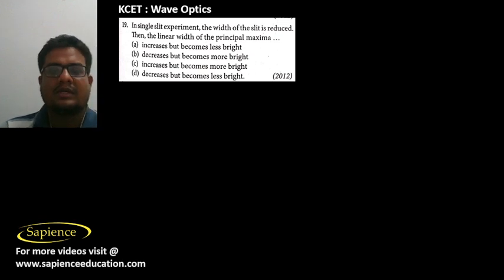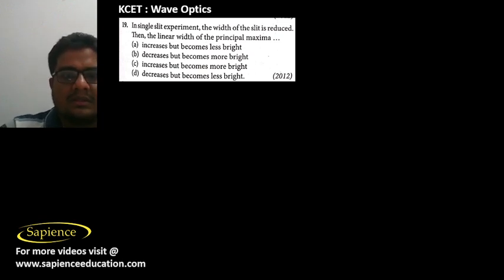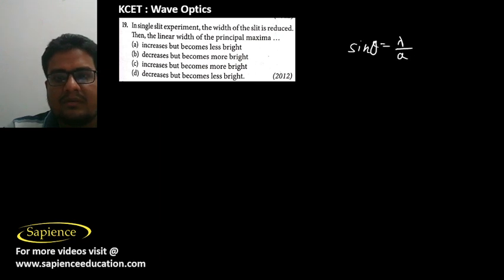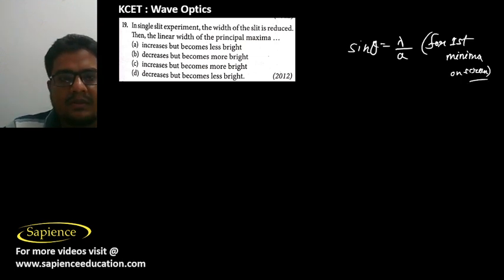Then in question number 19, it is told, in single slit experiment, the width of the slit is reduced. So we know that sine theta is equal to lambda by a for the first minima on the screen for the single slit experiment, where a is the width of the slit.